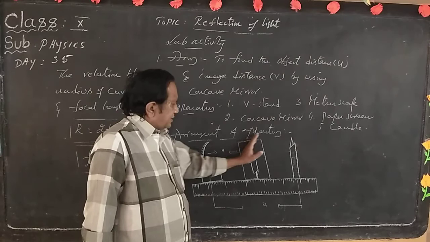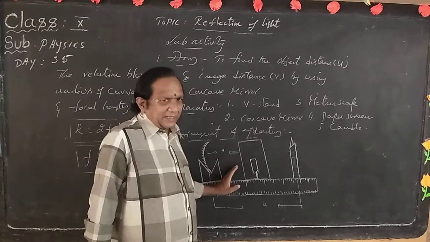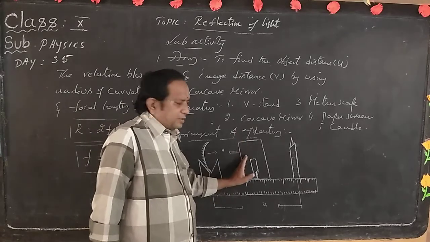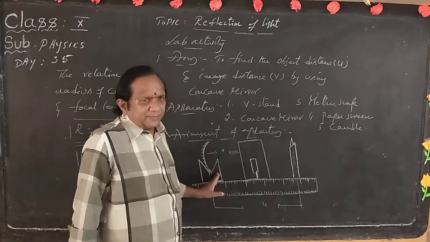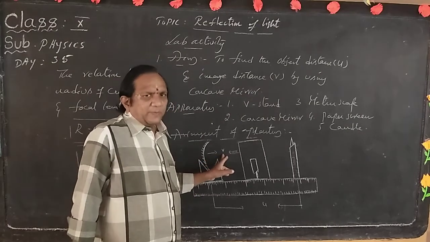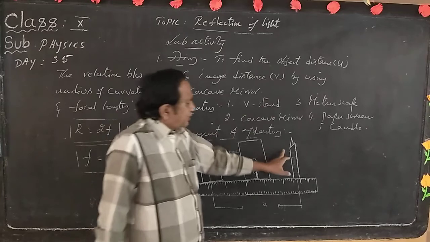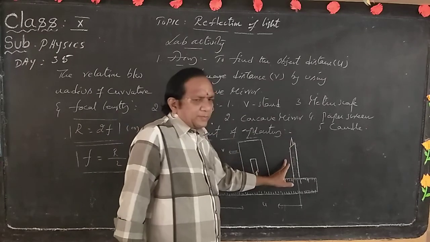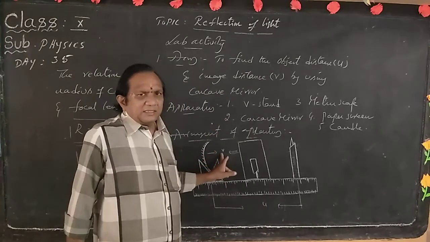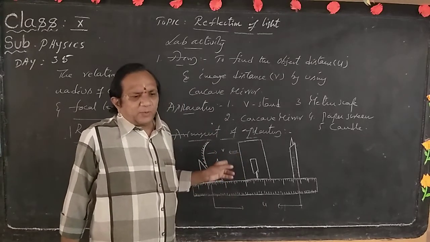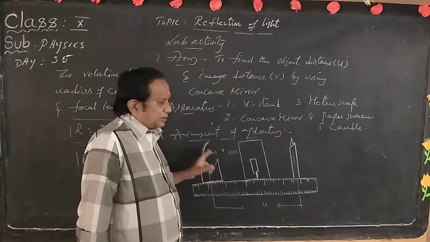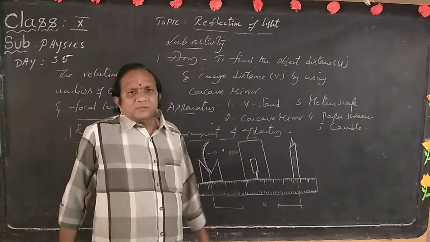By adjusting the paper screen until you get a sharp image, you stop moving the screen and observe the distance. The object is placed at one fixed position, and that distance we consider as u. By changing the position of the screen, we get one value of v for the sharp image.